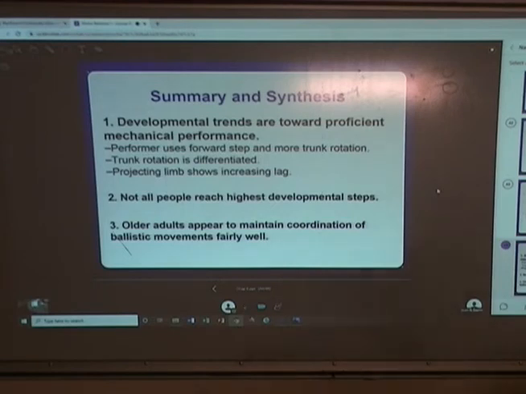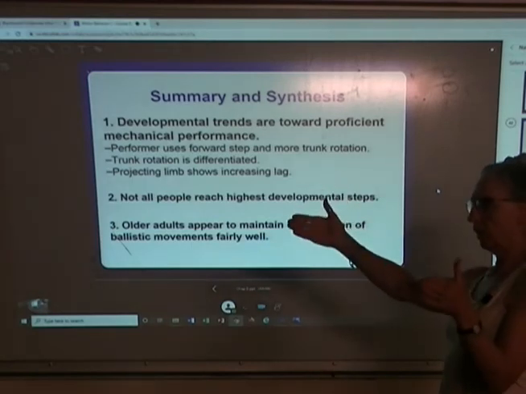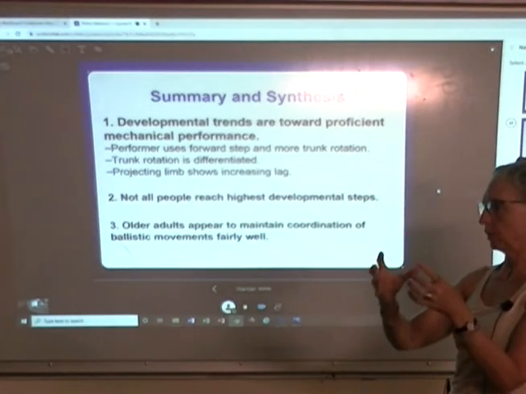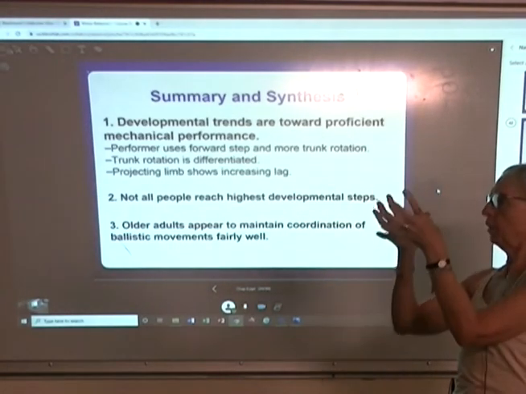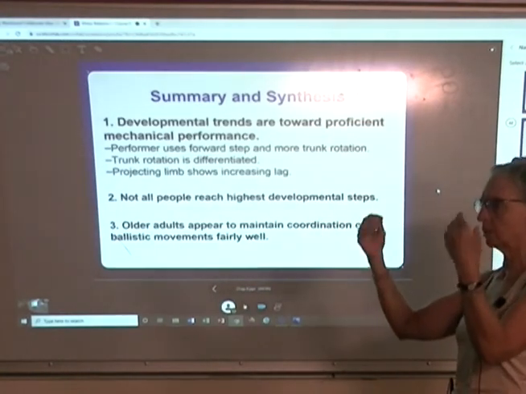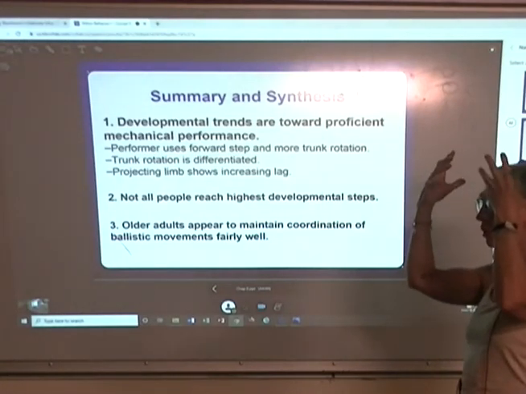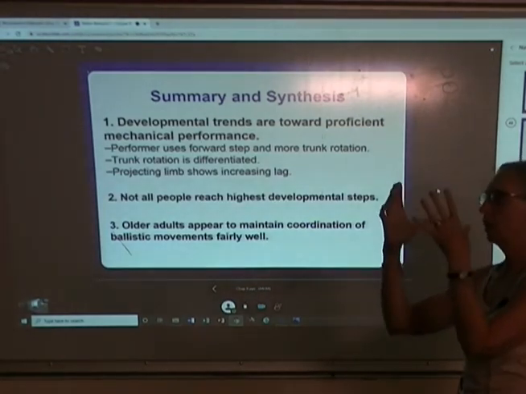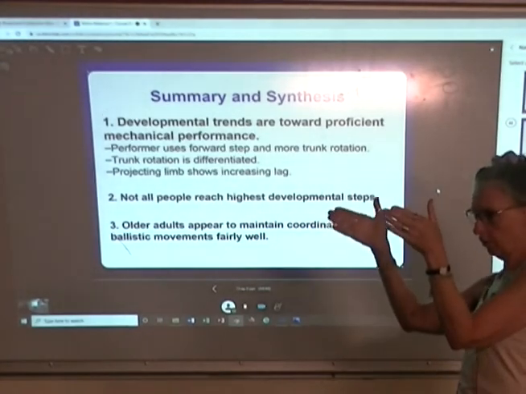So the developmental sequence, these steps that we take, are tied to mechanical principles. It's the brain's way of learning the mechanical principle and learning how to apply it to the skill. Right? It's not necessarily cognitive, because there's all this unconscious feedback and sensory information that the brain is receiving for it to adjust movement patterns unconsciously. Okay?